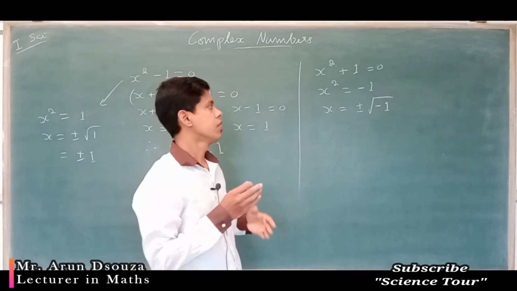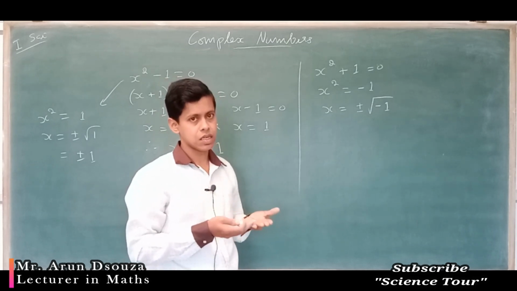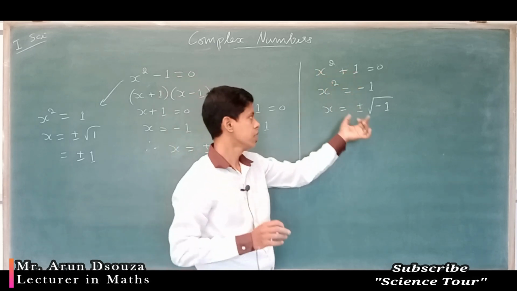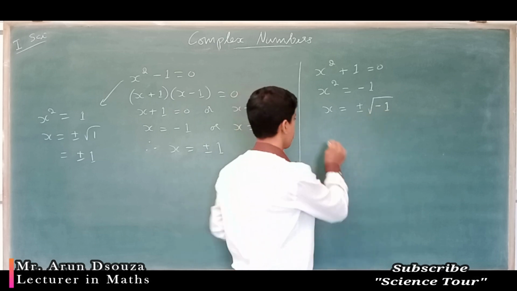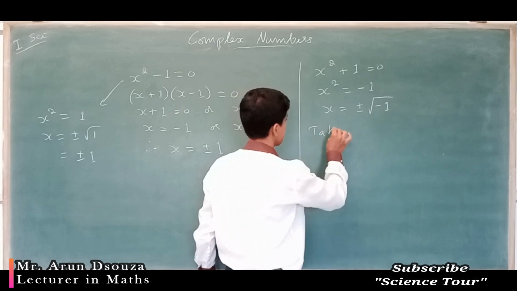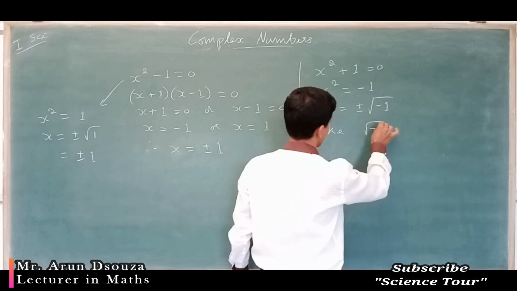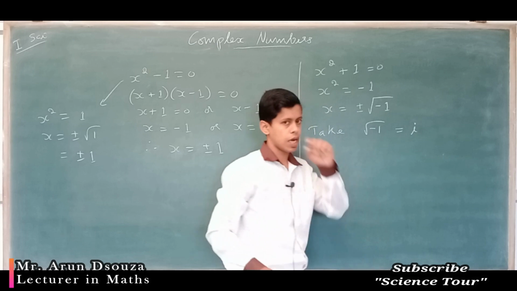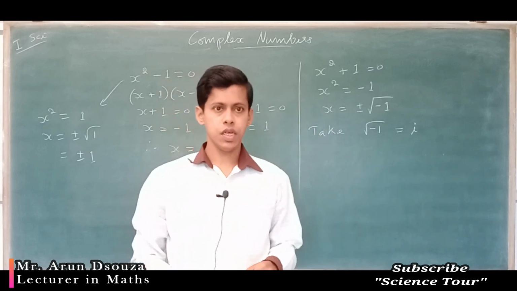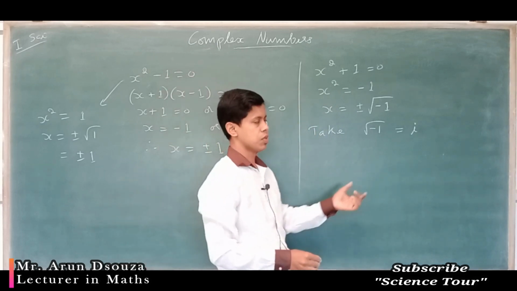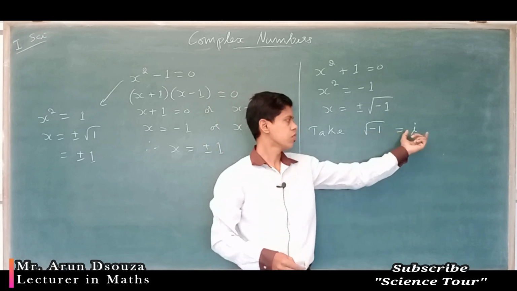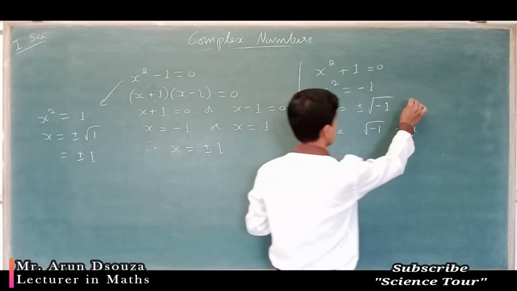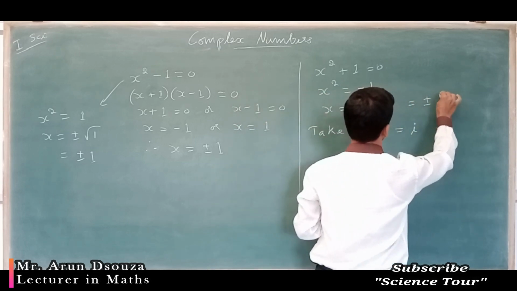So therefore, they have devised a method of solving such quadratic equations by taking the square root of minus 1 as small letter i. So i refers to imaginary. i refers to an imaginary number. So the square root of minus 1, we have taken as i. Therefore, this will be plus or minus i.